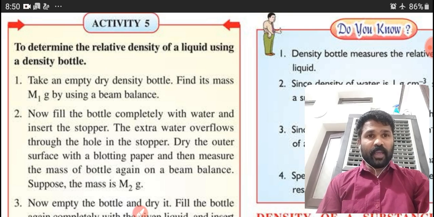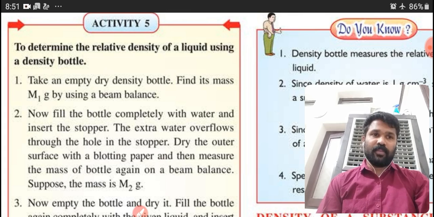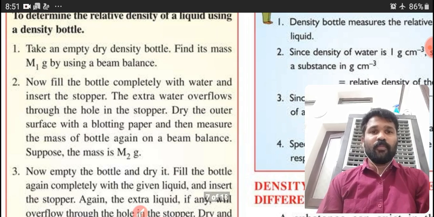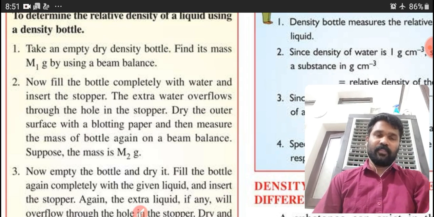Now fill the bottle completely with water and insert the stopper. The extra water overflows through the hole in the stopper. Dry the outer surface with a blotting paper and then measure the mass of the bottle again on a beam balance.